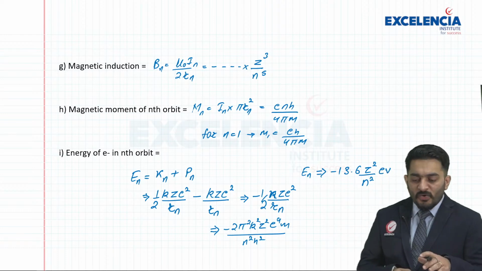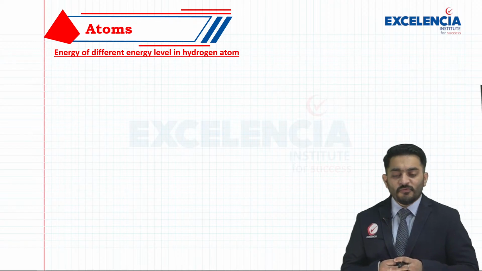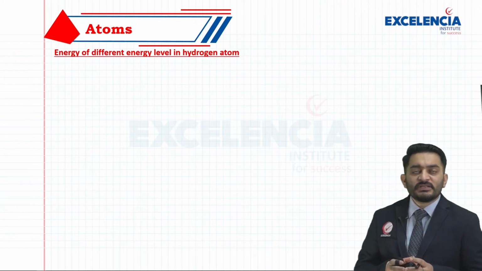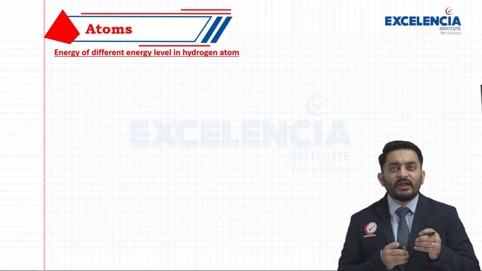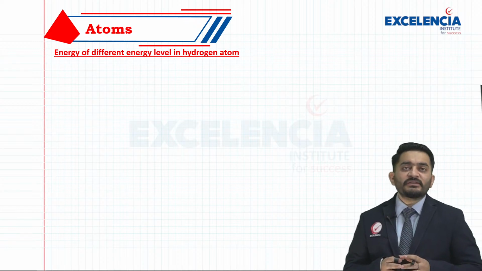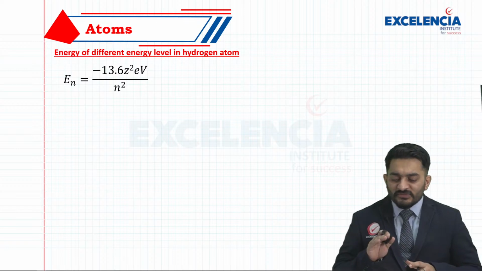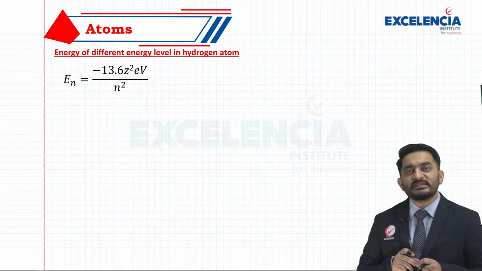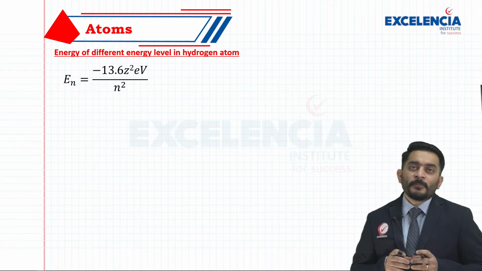Okay. Now, when we talk about this energy formula, the basic structure which one can understand for any element is actually the hydrogen atom. So here I have written the energy of different energy levels in the hydrogen atom. The formula which we have derived just now is minus 13.6 Z square eV over n square.